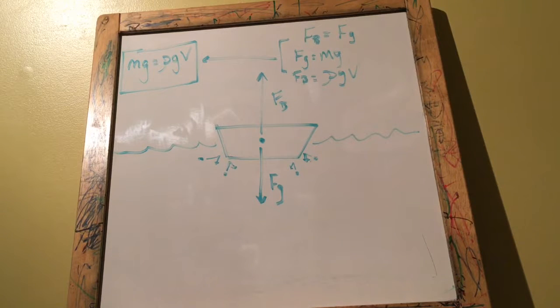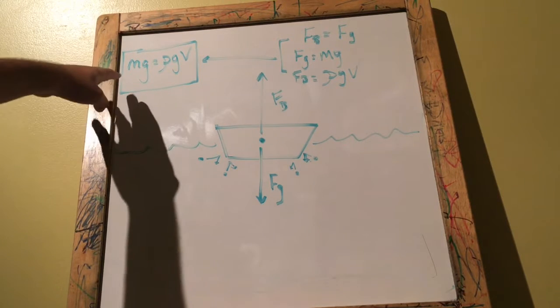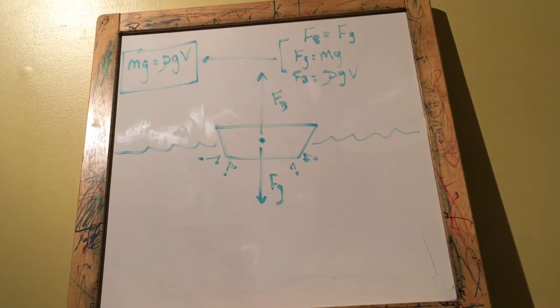Looking at it vertically, because it's not accelerating, we know that the forces acting on it must basically equal each other or cancel each other out. So, by that sense, the force of gravity will equal the buoyant force, and this equation right here basically exhibits that.